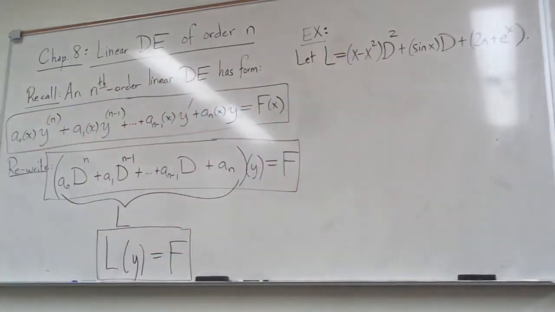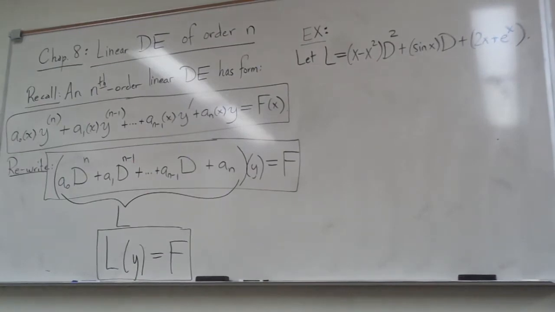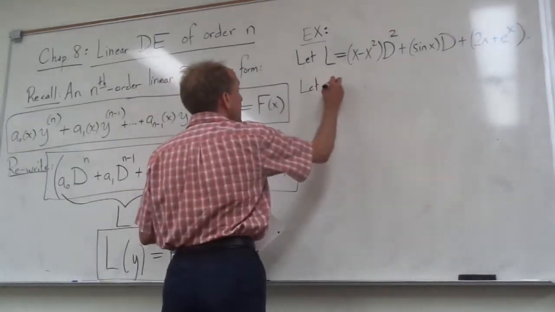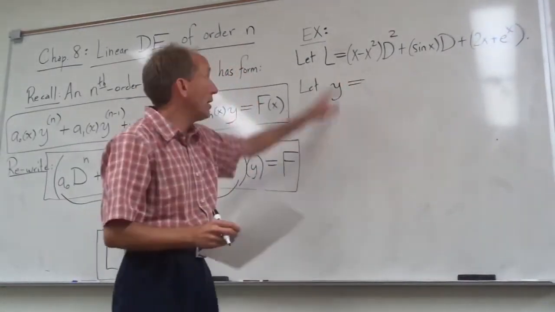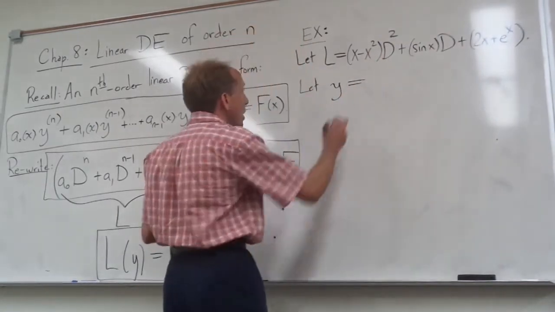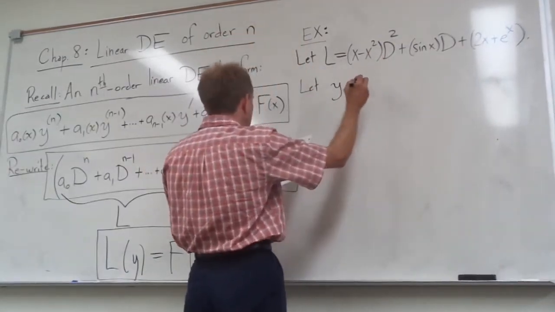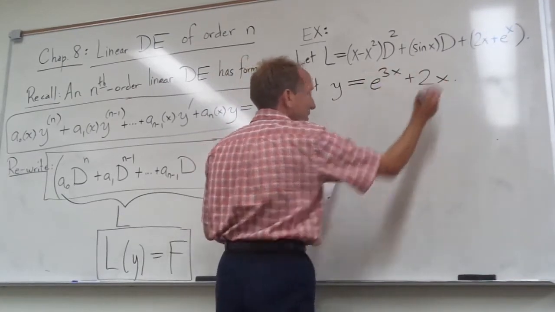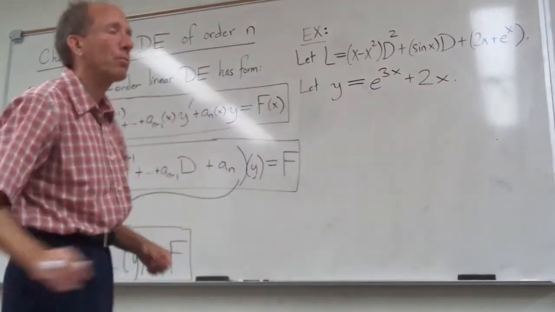So let's take that to be L. This is like a linear transformation, right? This is a linear operator. I'm going to take it and apply it to an input. Let's apply it to e to the 3x plus 2x. We can just make something up here.